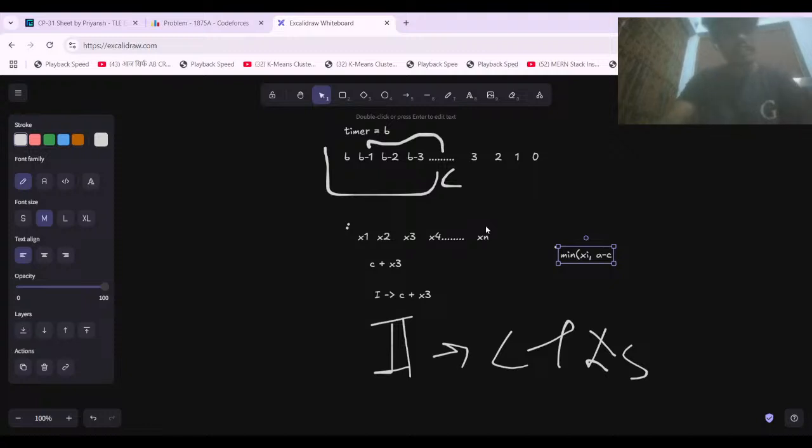Now we know what we are finally looking at. We are looking at my answer, right? So this answer is actually going to get added every time I use some tool.